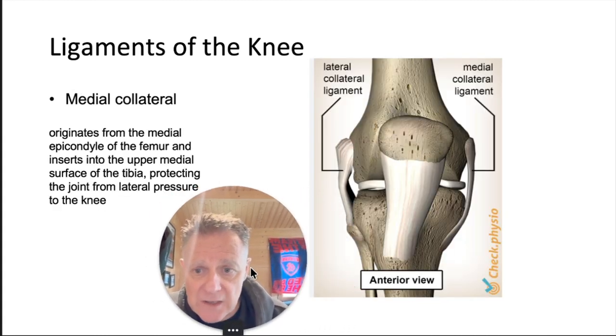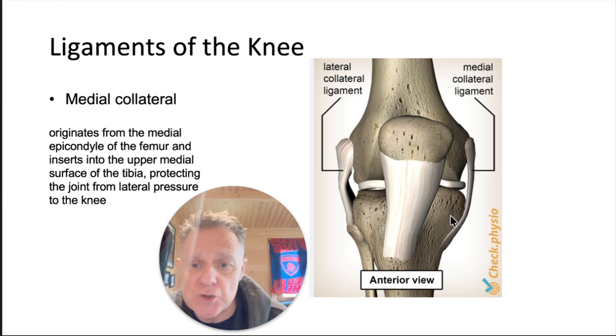The medial and lateral collateral ligaments are as they sound. One is lateral to the knee, one is medial to the knee, and they run from either the lateral or the medial epicondyle down into the tibia itself.